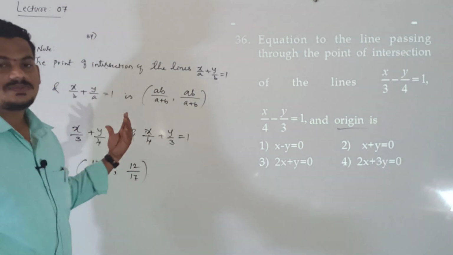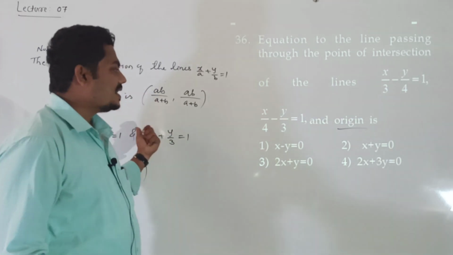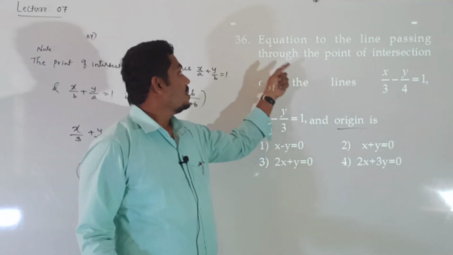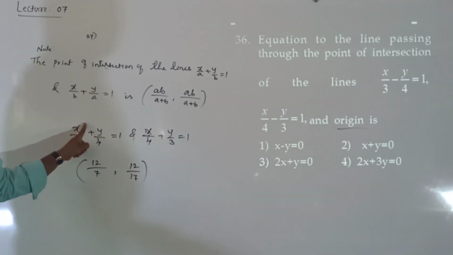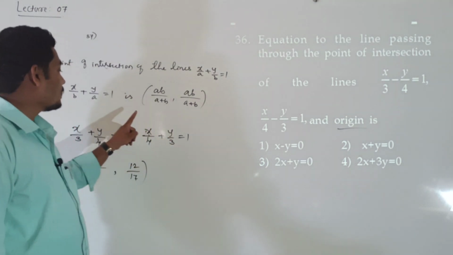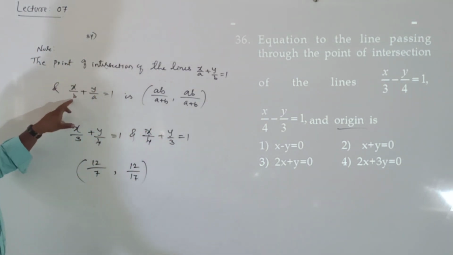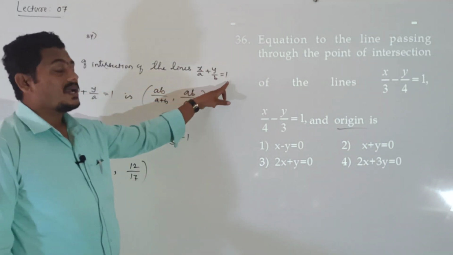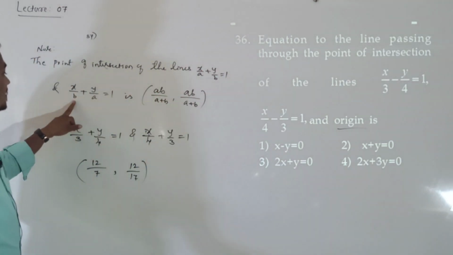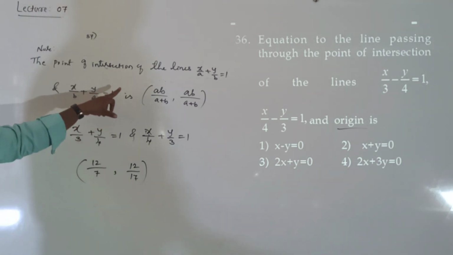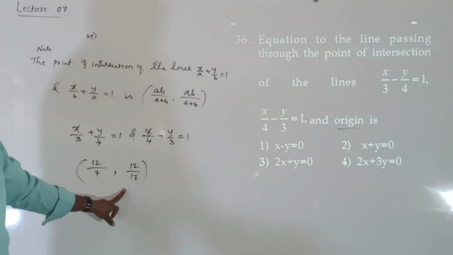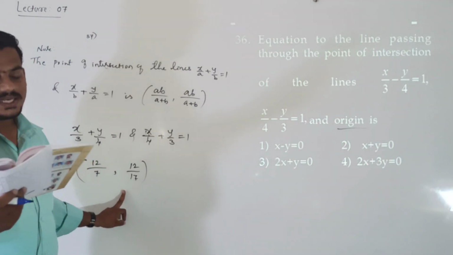For 36, this formula is not applicable. Why? Because this formula is applicable only when x by a plus y by b equal to 1 and x by b plus y by a is equal to 1. Point of intersection of these two lines is question number 37.